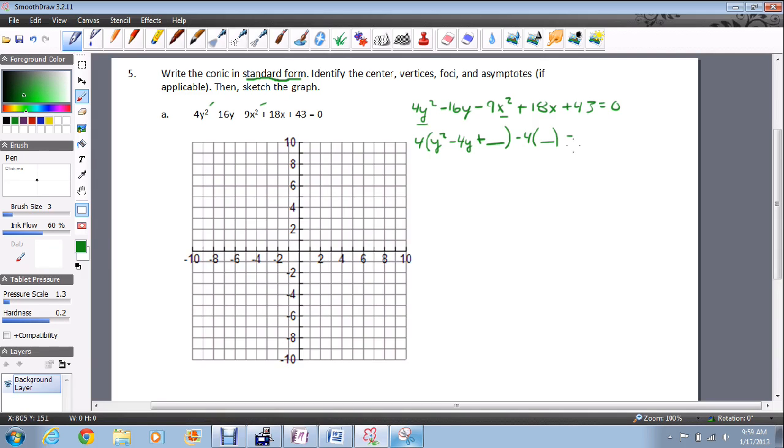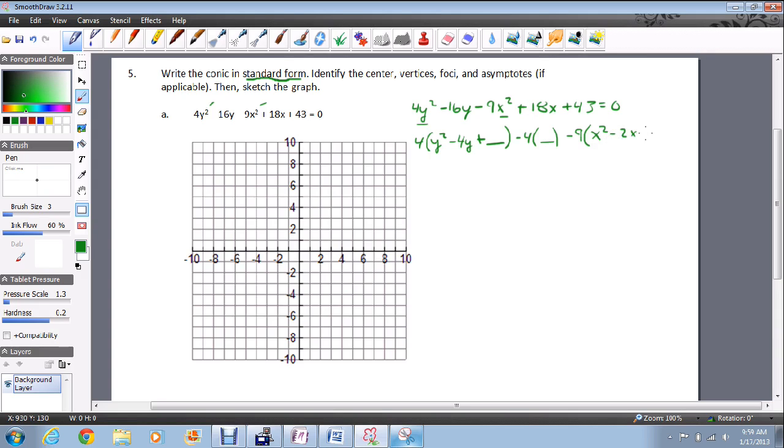I'm going to write minus 9 x squared. Now if I factor out that 9 on the outside, we have to make sure that whatever we put on the inside will redistribute to give us what we have here. So what times negative 9 would give us positive 18x? Well, that's just simply minus 2x.